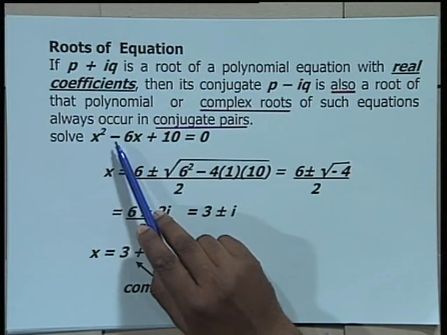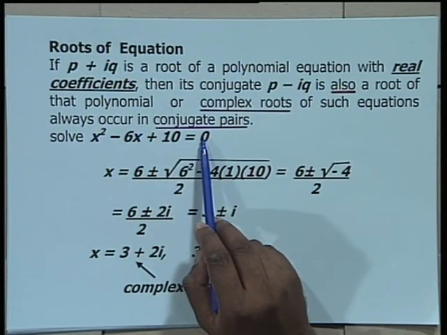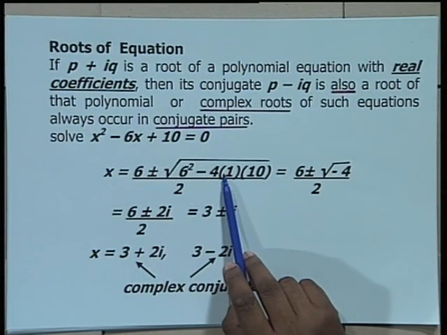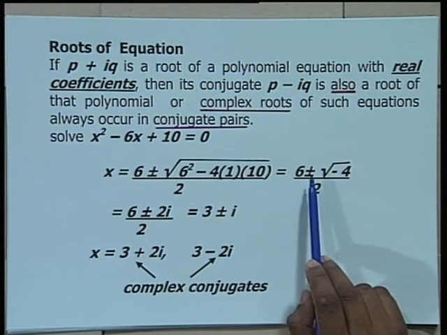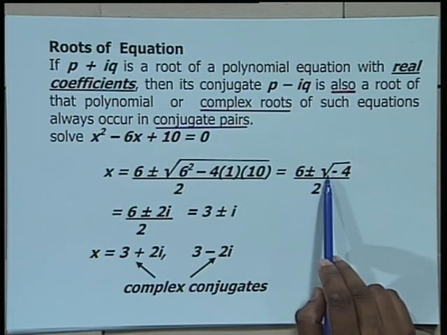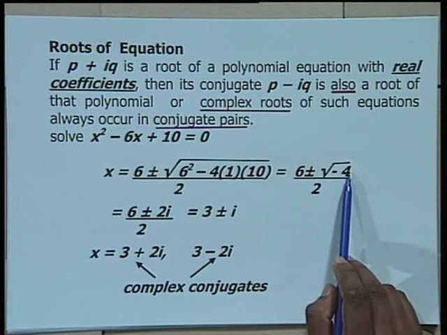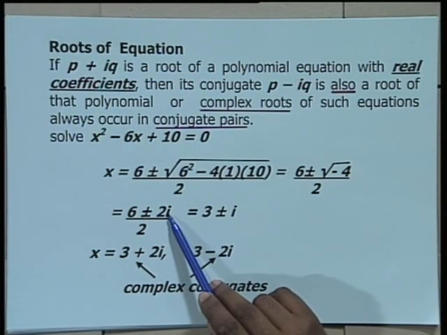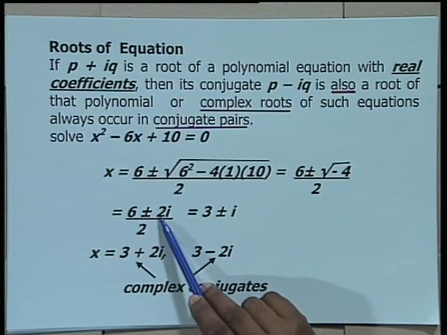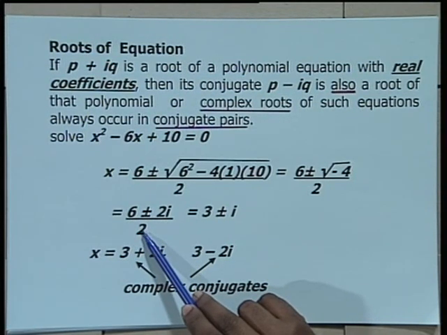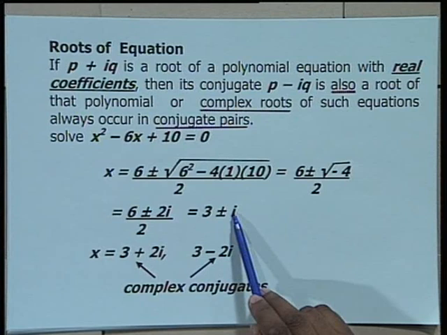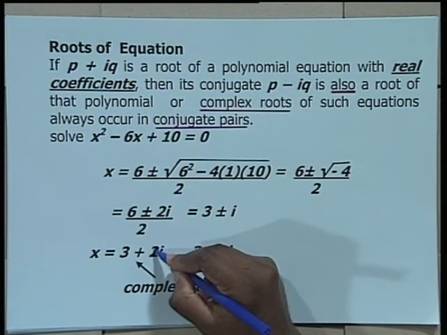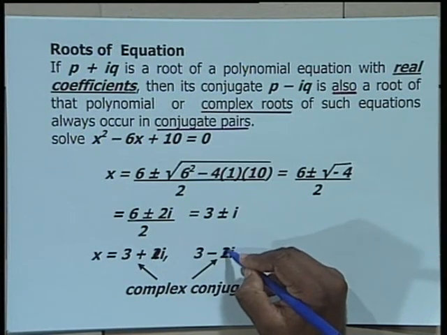If we are asked to solve x squared minus 6x plus 10 equal to 0, it's a quadratic equation, so we'll use the quadratic formula. Applying the quadratic formula results in 6 plus or minus the square root of minus 4. Now we know we can handle the square root of minus 4. It is nothing but 2i, so that we write 6 plus or minus 2i divided by 2. We obtain 3 plus or minus i, which is 3 plus i and 3 minus i.